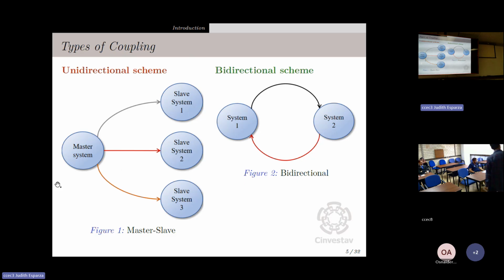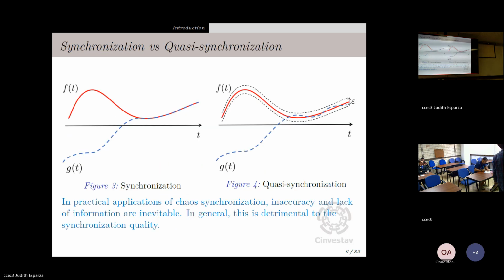The unidirectional configuration is usually named a master-slave system. We have one master system and one or several slave systems. In the bidirectional case, we have two systems, and each system shares information with the other in order to achieve the synchronization.